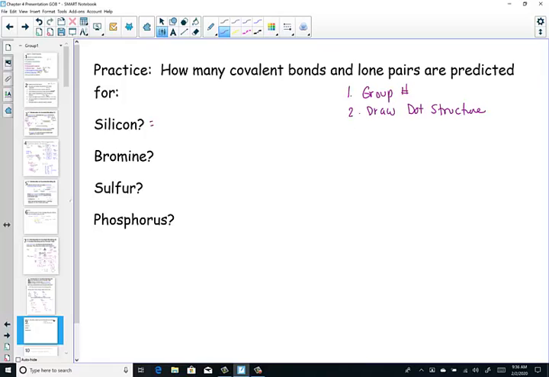So for example, when you find silicon, its elemental symbol Si, do you see it right below carbon? Which means it's in group 4A. So if I were to draw silicon, it's going to resemble our example of carbon, isn't it? With 4 valence electrons, I can see that it will have room to form 4 bonds and have no lone pairs.